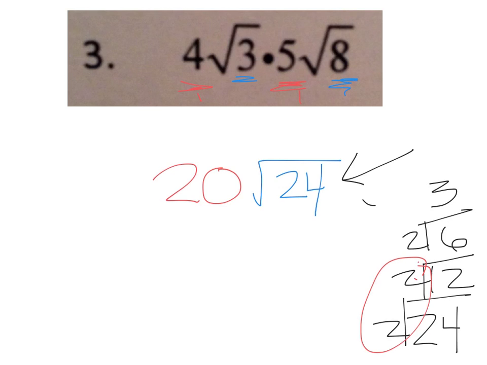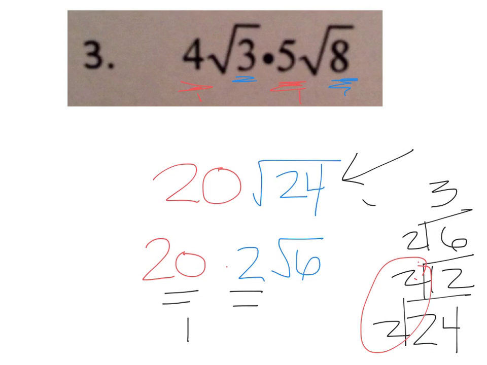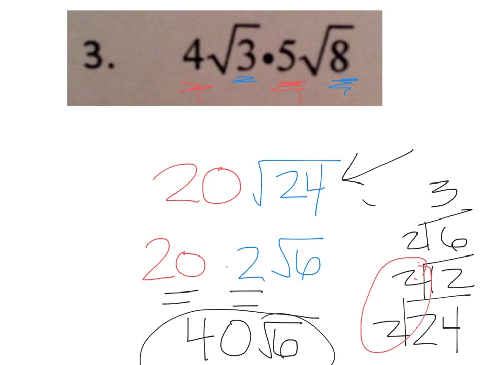So I can rewrite this as 20 times 2 square roots of 6, or 20 times 2, which gives me 40 square roots of 6 for final answer.